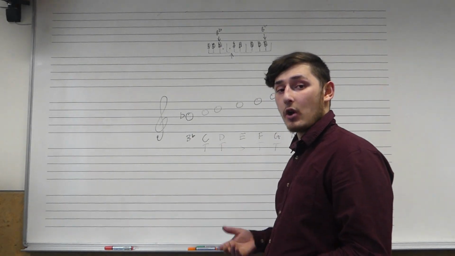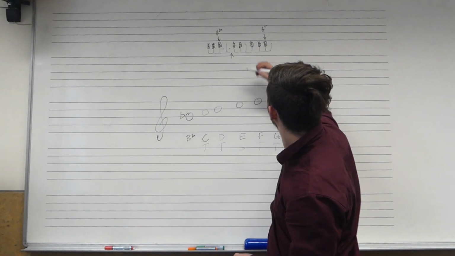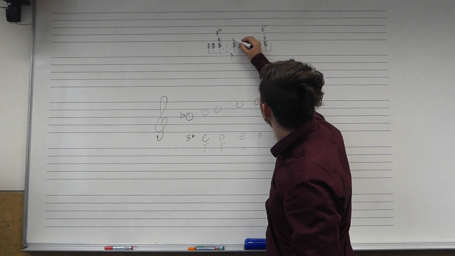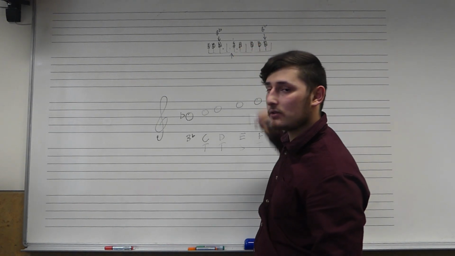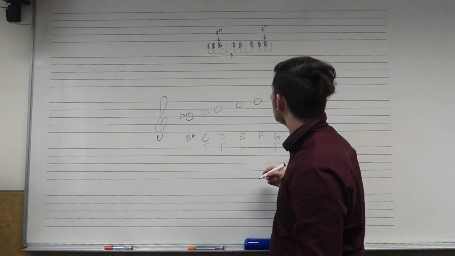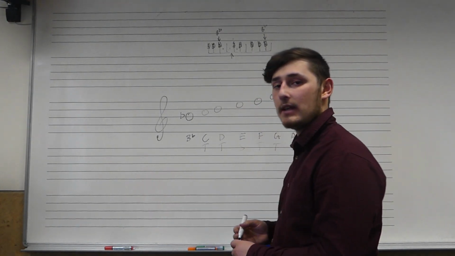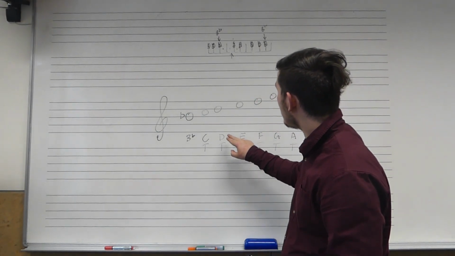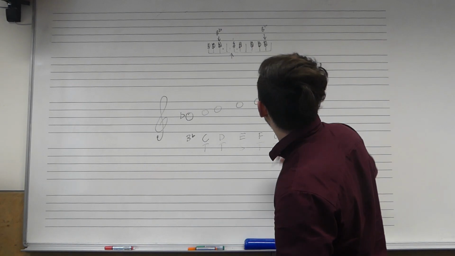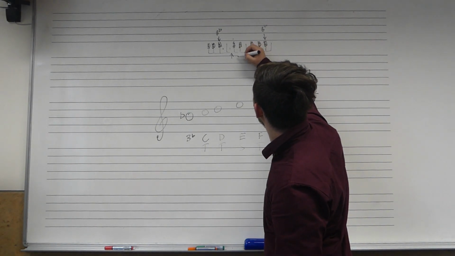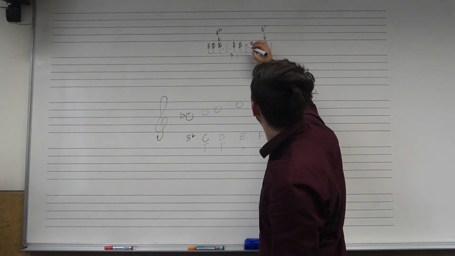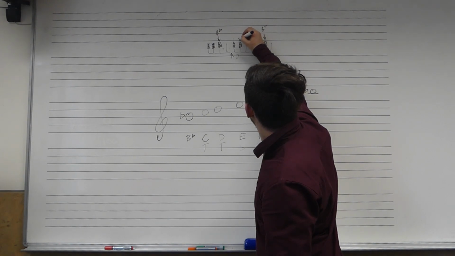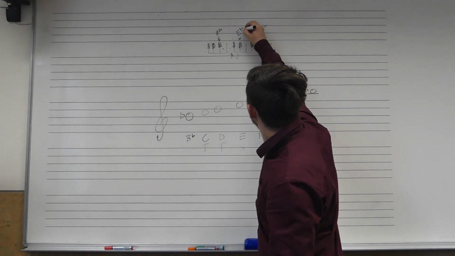Then we want to go a tone above C. C, C sharp, D. That's two semitones, so that is indeed a D. Then we want to go a semitone above D. Now notice how a semitone above D is E flat.